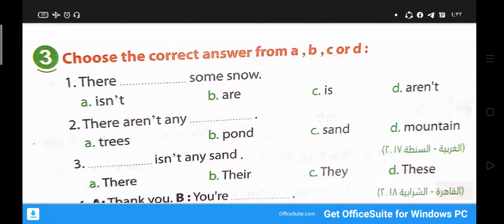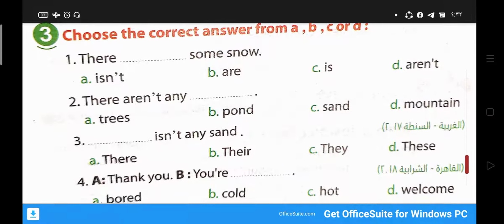Another exercise. Choose the correct answer. Number 1, there space some snow. The answer is letter C. Number 2, there aren't any trees, pond, sand, or mountain. The answer is trees, plural noun.